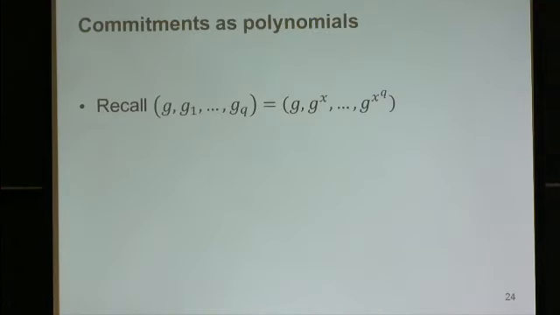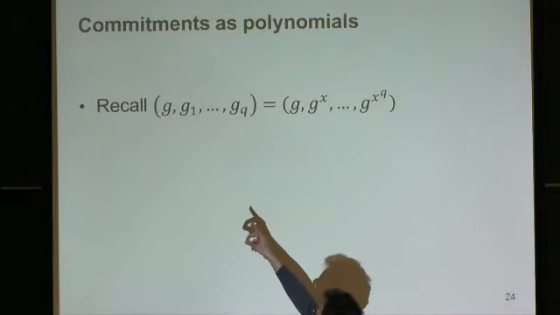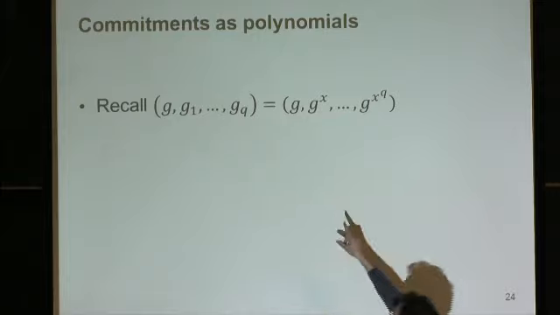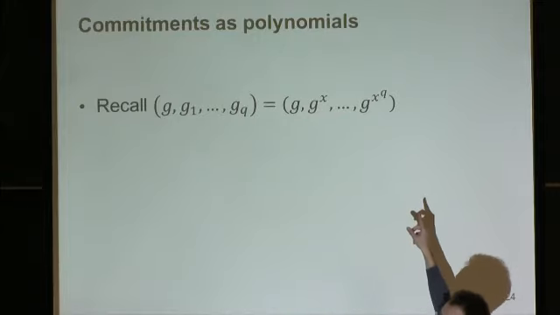Okay, so what I'll try to do now is to describe the intuition behind the product argument. The intuition behind the permutation argument is somewhat similar to the product argument, so I'm not going to do the permutation argument. It'll be useful to think of commitments as commitments to polynomials. If you remember the common reference string, the commitment key was g and g_1 through g_Q, which was basically g and then g raised to powers of x.